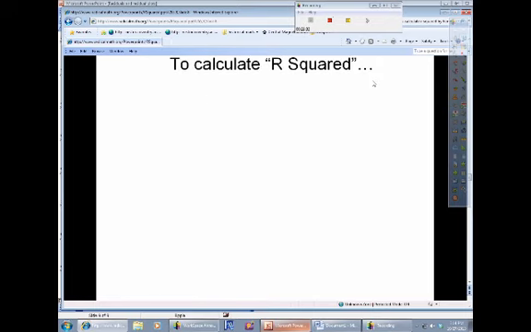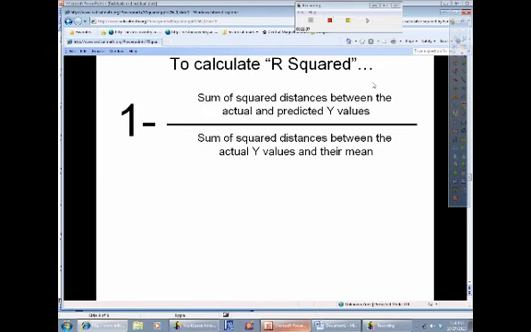All right, so to calculate R squared, remember, it is 1 minus the sum of the residuals squared over the sum of the squared distances between the actual y values and their mean, or the sum of the quantity y minus the mean, squared.